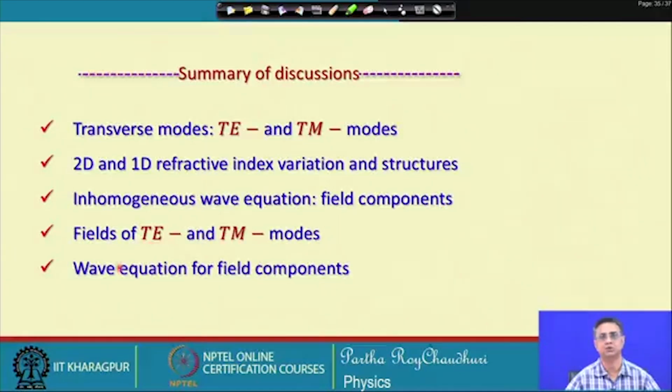We have also shown how each of the field components can be represented by a wave equation which will be uncoupled, which will just represent one component of the field to show the wave in the structure.